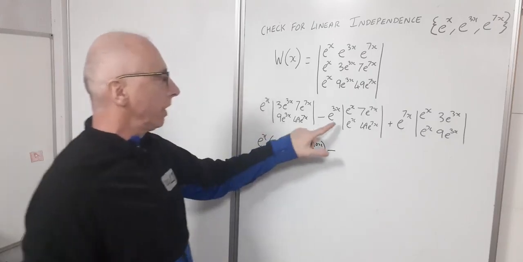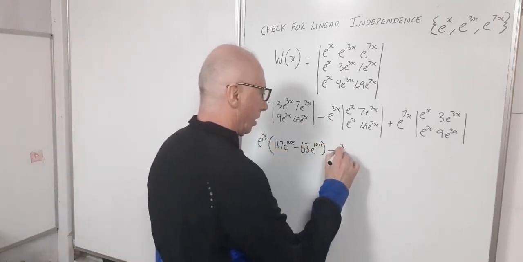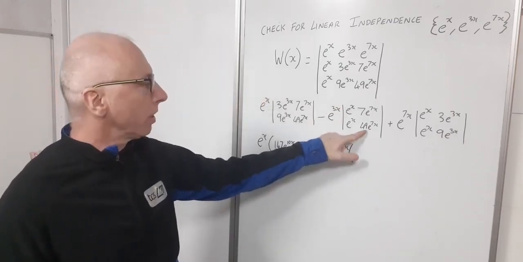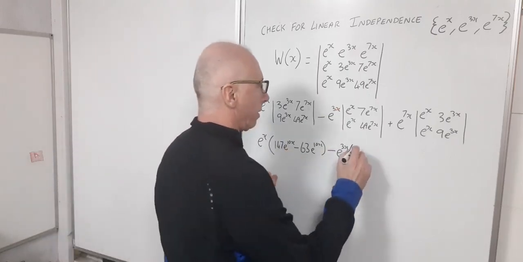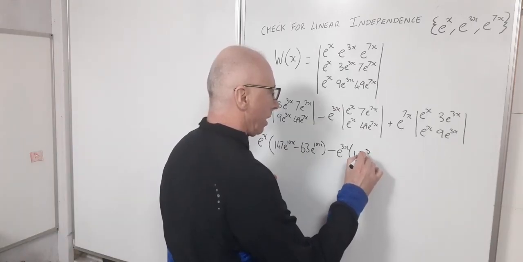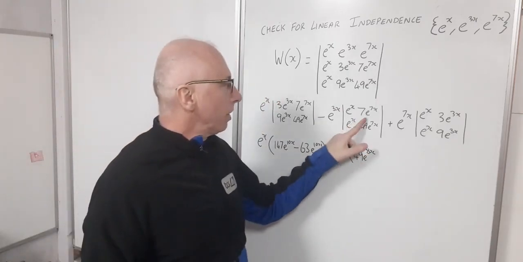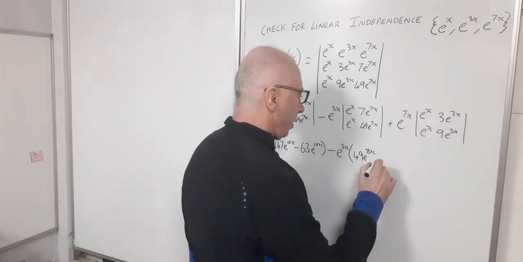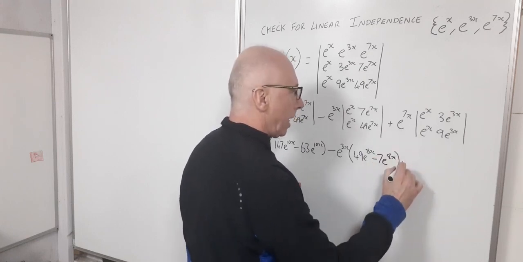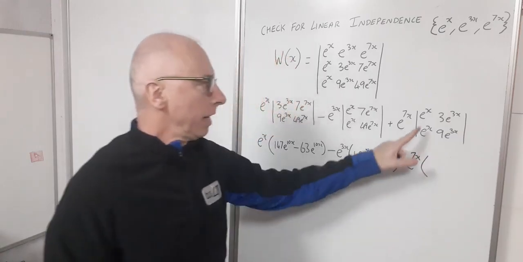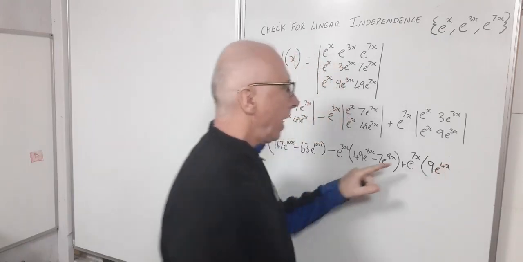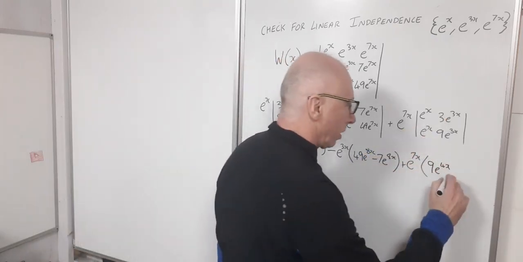And then we subtract e to the 3x multiplied by this diagonal: 49 times 1 is 49, and e to the 8x, so 49e to the 8x. Then 7 times 1 is 7, so 7e to the 8x. And then here add e to the 7x, and now I'm going to have 9e to the 4x and 3e to the 4x.